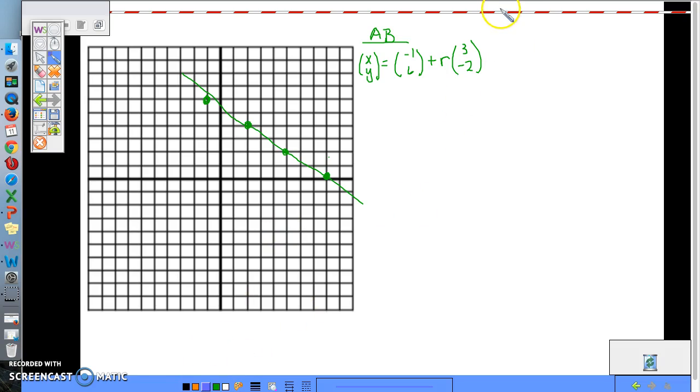What's our next line? We have line AC. We have our xy values: 0, 2 plus s times 1, 1. So we start at 0 and 2, and then we go over and up. So there's our second line.